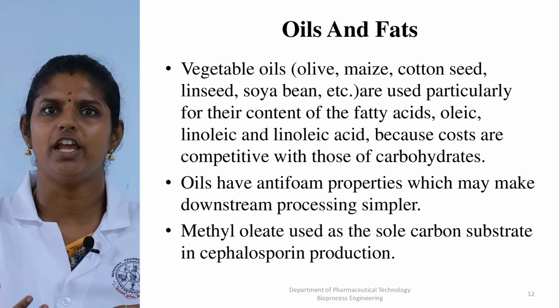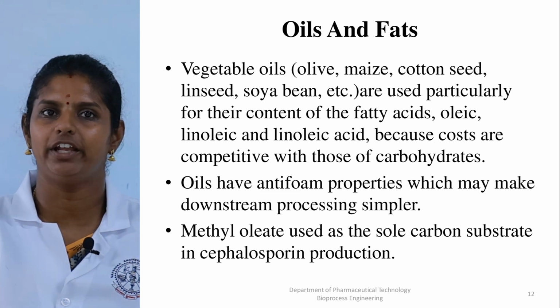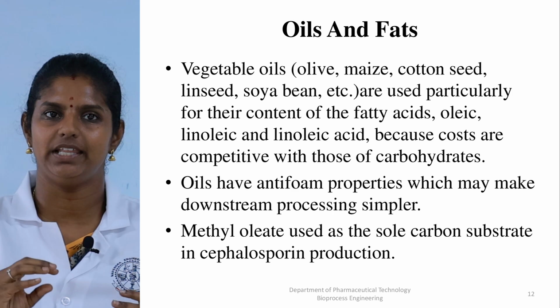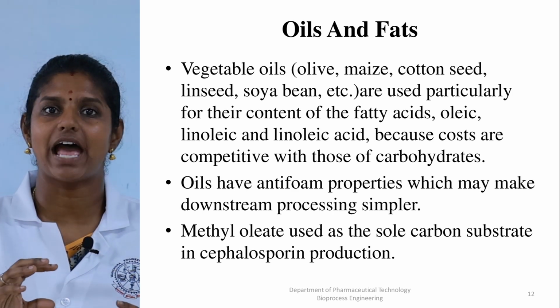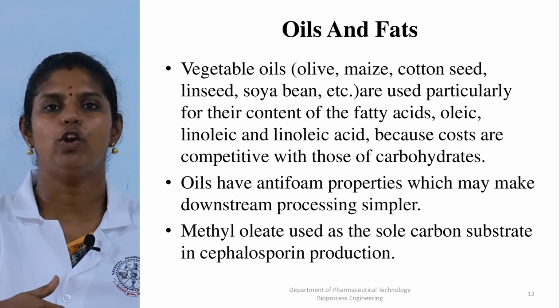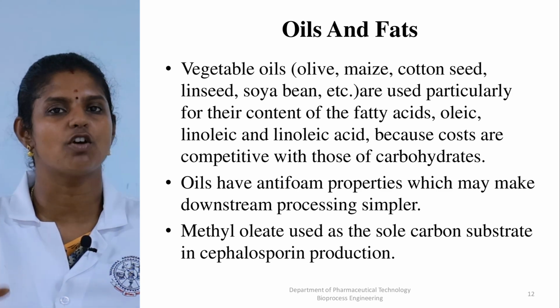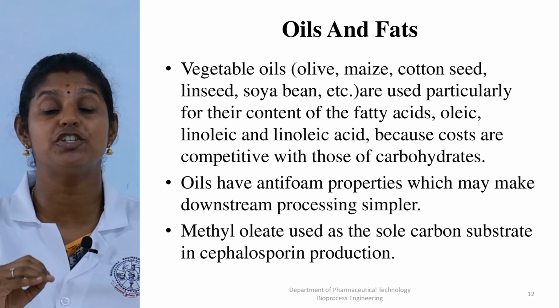There are vegetable oils or fatty acids or linoleic acid which are used in the industries, mainly oils and fat used for their anti-foaming properties. We know in the aerobic fermentation process, oxygen demand is an important factor to be considered.